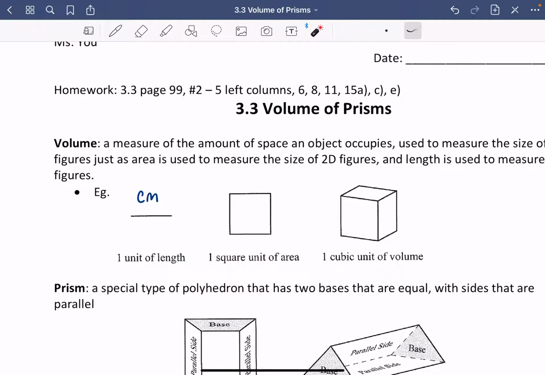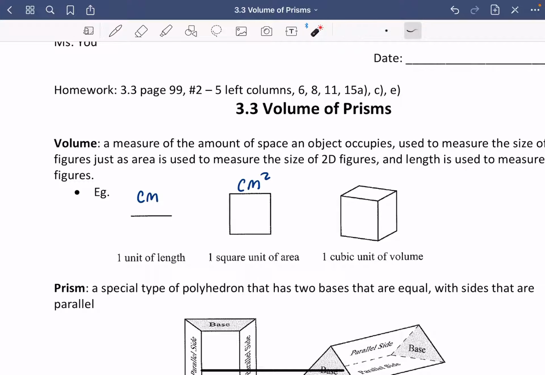Then if you have a two-dimensional figure like a square here, then the unit for finding the area will be square units. So it will be something like centimeter squared or meter squared, or the unit squared.